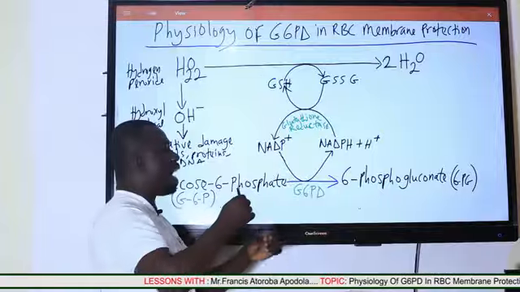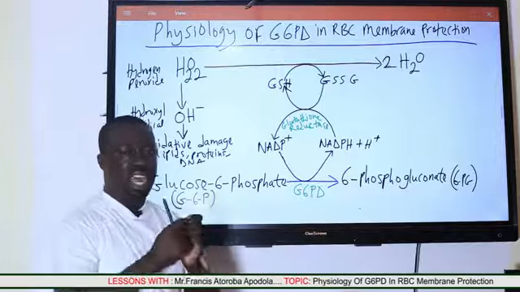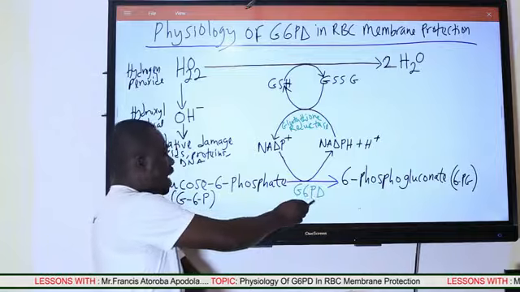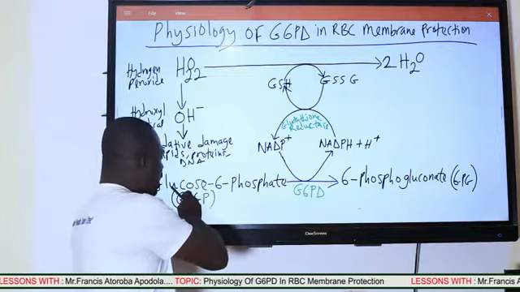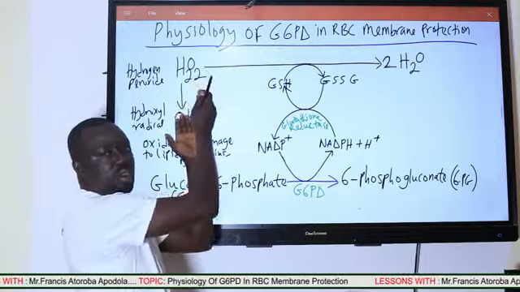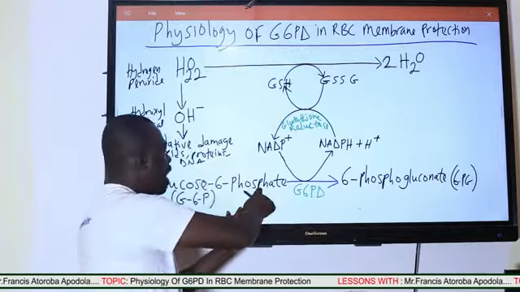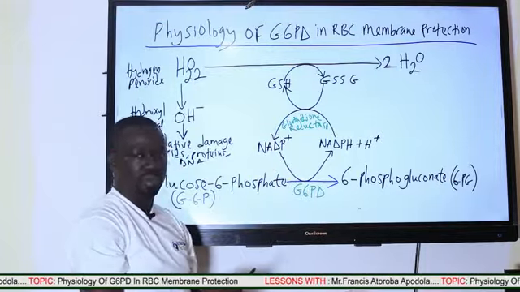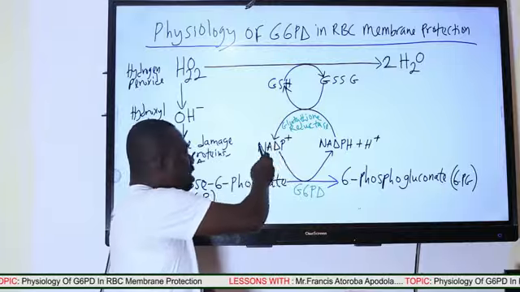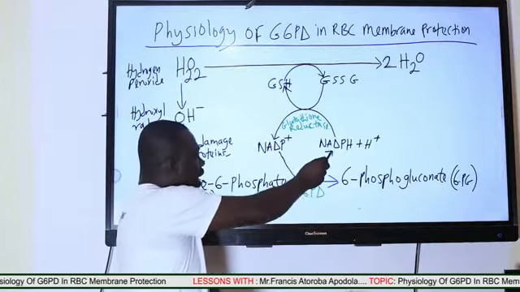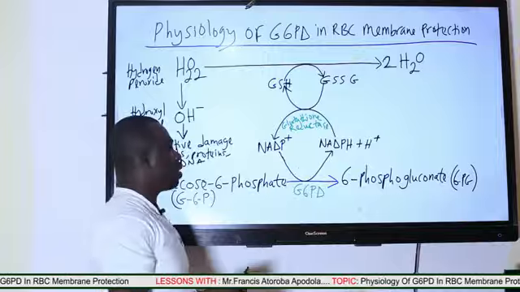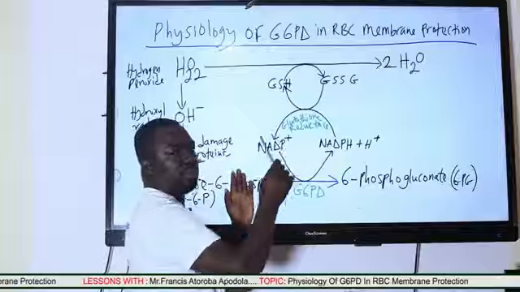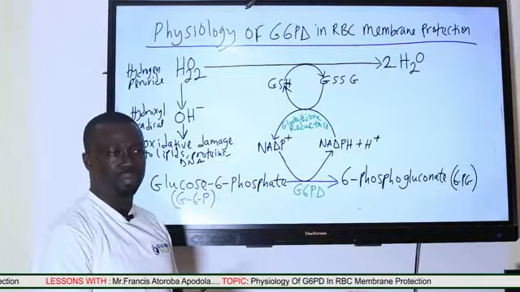So this is the oxidized nicotinamide adenine dinucleotide phosphate. So the G6PD, as a dehydrogenase enzyme, catalyzes the removal of hydrogen atoms from glucose 6-phosphate, and these hydrogen atoms are added to NADP+. So the NADP+ accepts the hydrogen to become NADPH. In other words, NADP+ is reduced to NADPH plus H+.